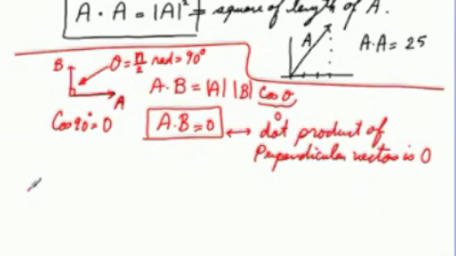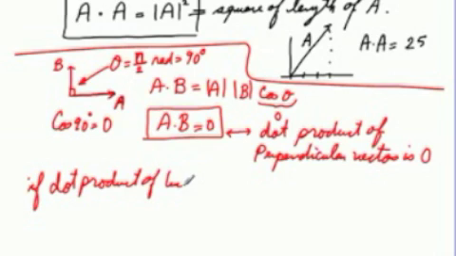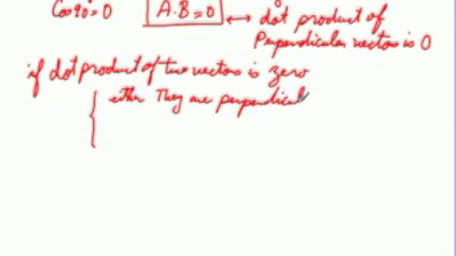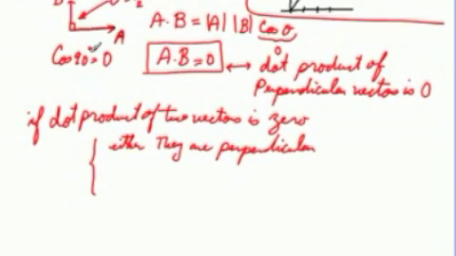So we say if dot product of two vectors is 0, it has to be because of either they are perpendicular, okay, like this, or one of them collapse to 0.